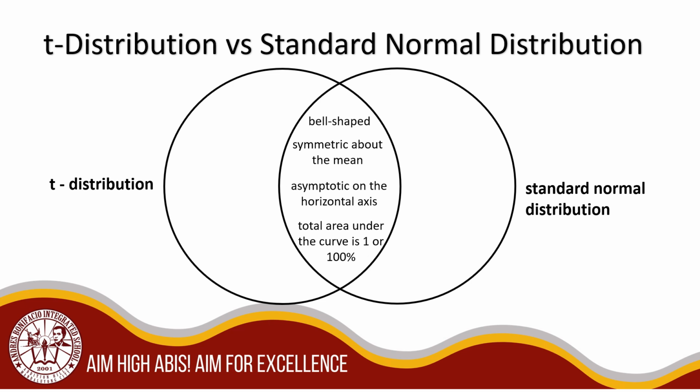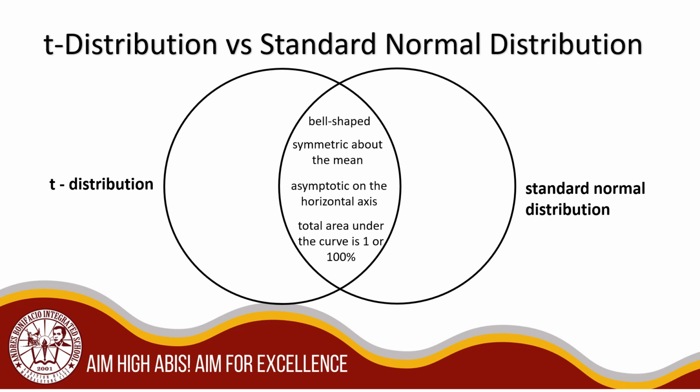So just like the standard normal distribution, the total area under the curve of a t-distribution is also equal to 1 or 100%. Okay, so yun po ang mga similarities ng t-distribution at saka ng standard normal distribution.